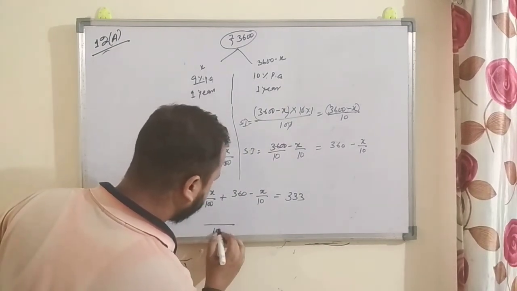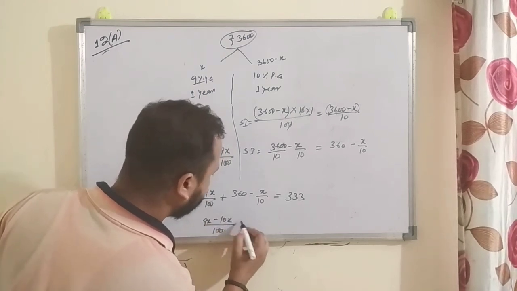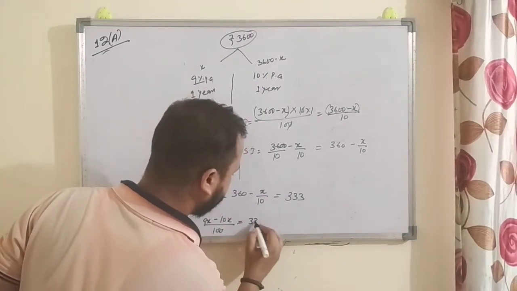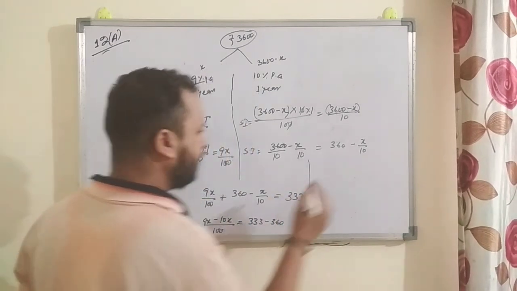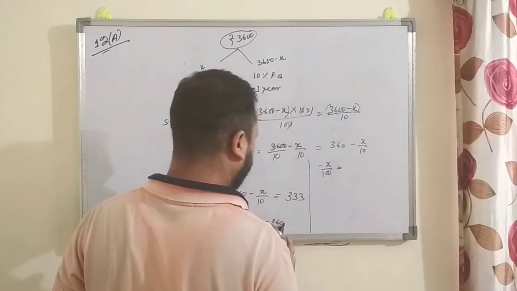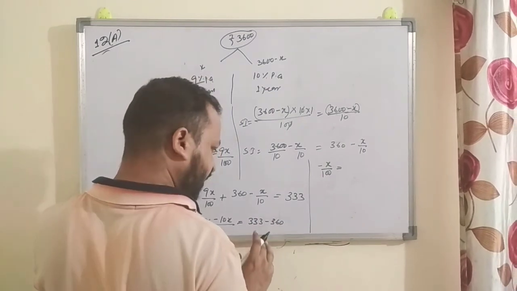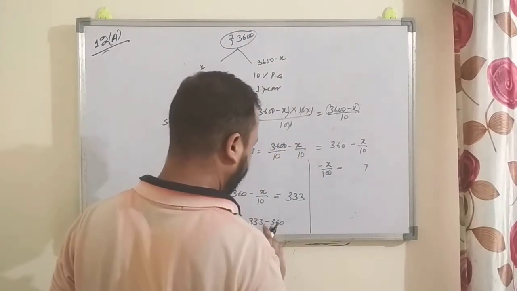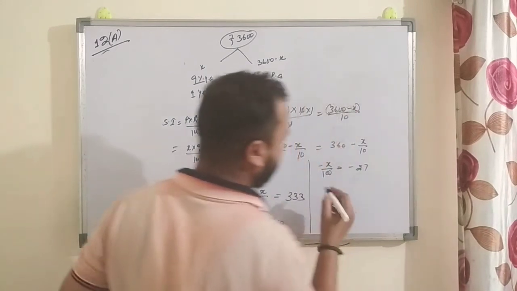LCM is 100. So it is 9x and here minus 10x is equal to, shift this to the right hand side, so 333 minus 360. So from here you are getting minus x by 100 is equal to minus 27. 333 minus 360 gives minus 27.